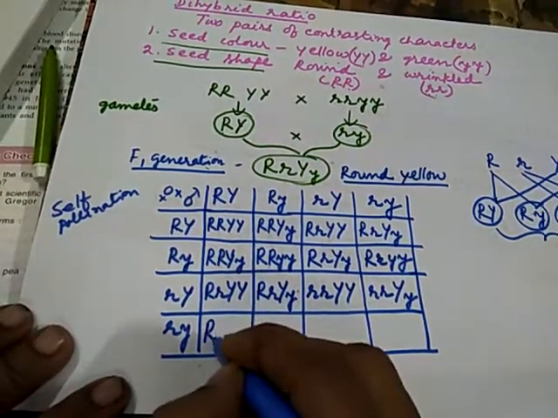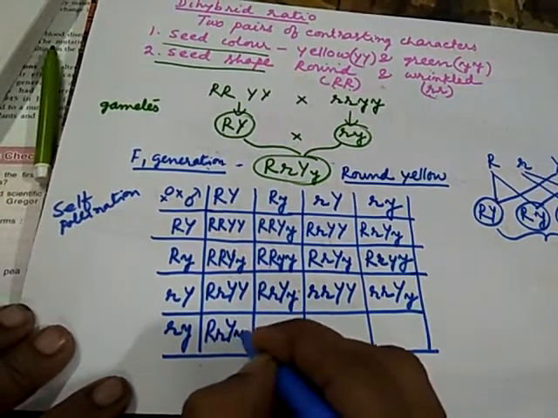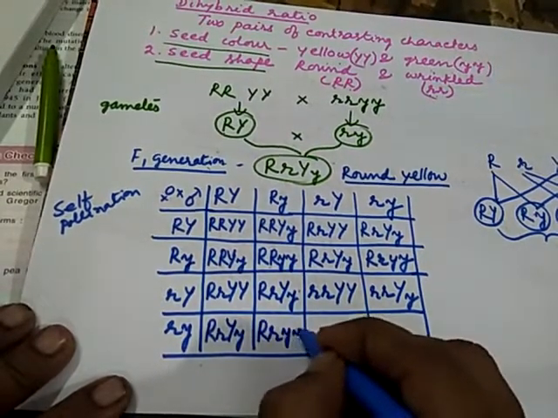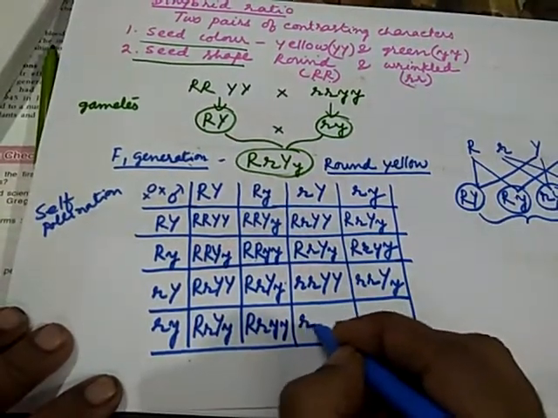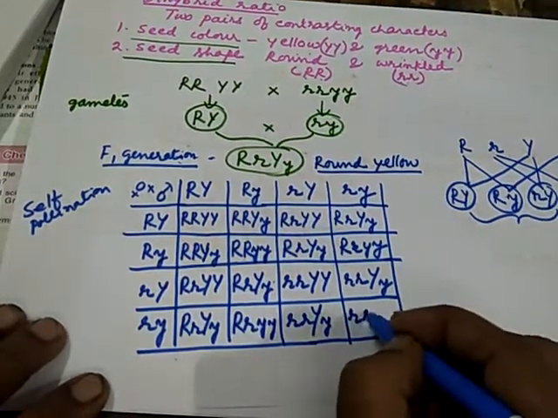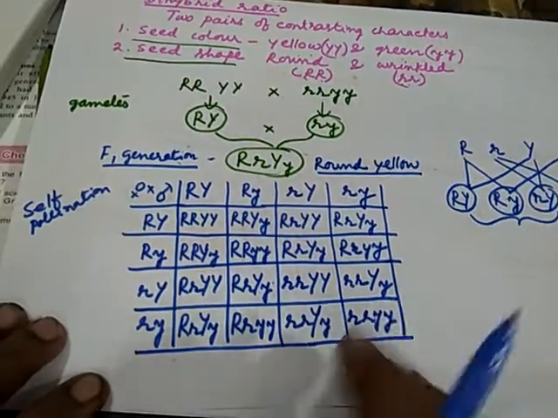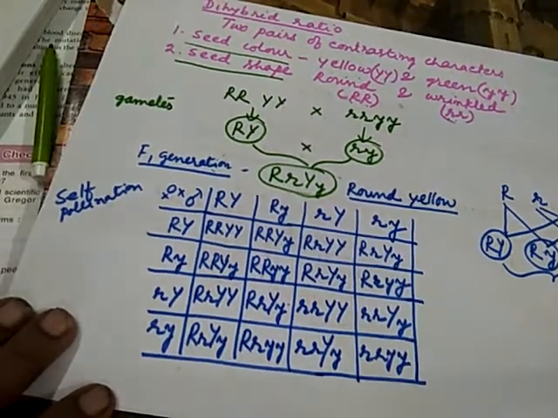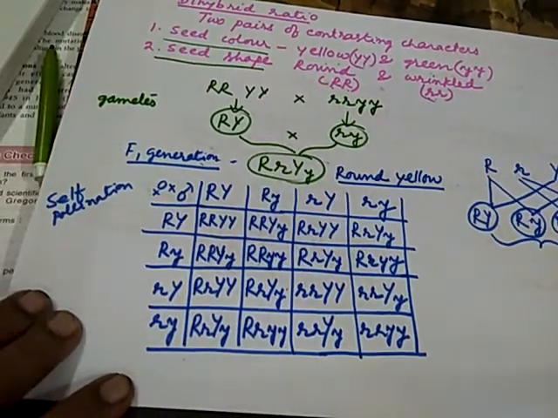Then here R, Y, Y, and so on. So now in total we have got 16 results.